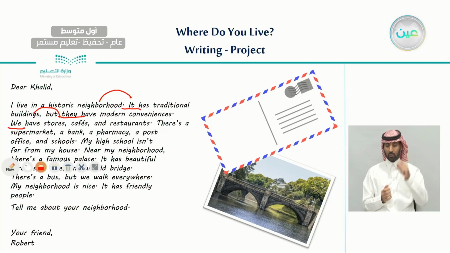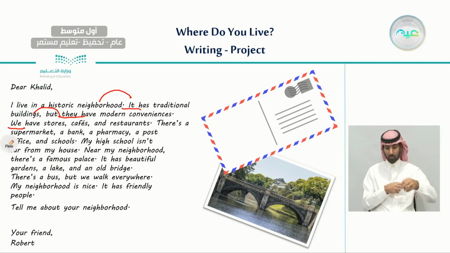And he said there is a supermarket, a bank, a pharmacy, a post office, and schools. And my high school isn't far from my house. Near my neighborhood there is a famous palace. It has a beautiful garden.